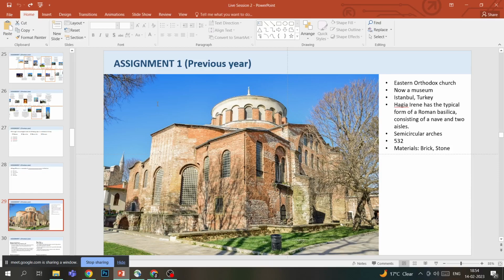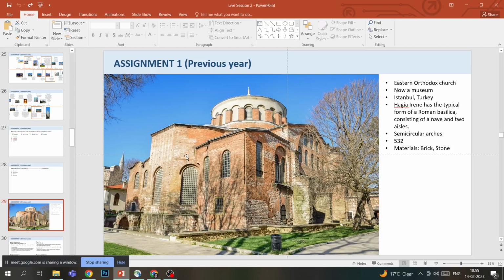It was an Eastern Orthodox church. It is now a museum. It is located in Istanbul, Turkey. It looks like a typical Roman basilica, which has a nave and two aisles.